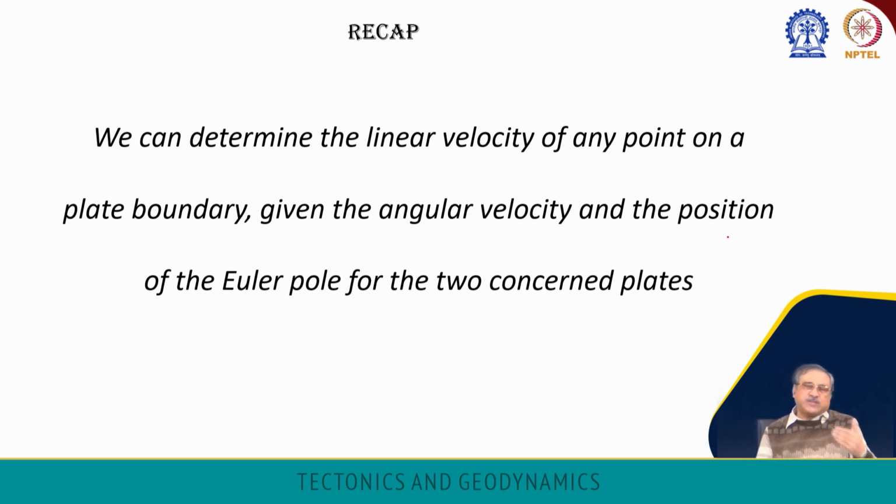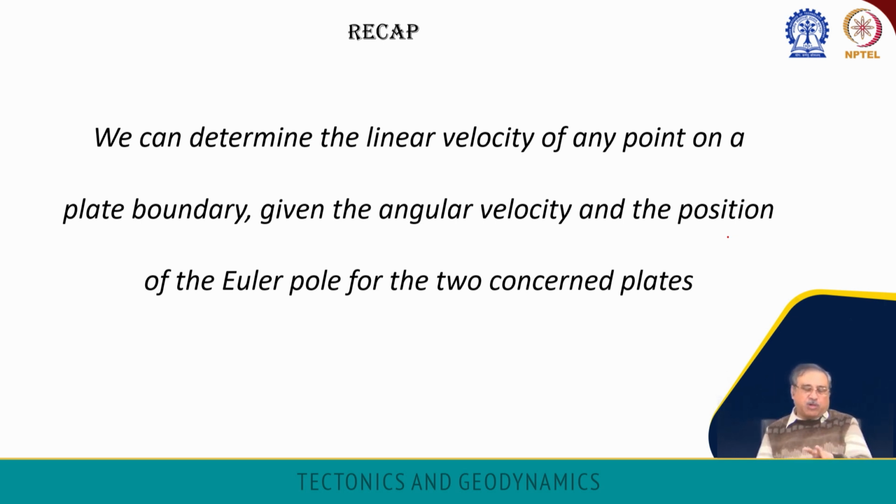Now, once the position of the Euler pole of rotation has been found out, knowing that, we can always characterize what the linear velocity would be at any particular point on the plate boundary. From that known point, we can back calculate to get the angular velocity that characterizes all movement along that Euler axis of rotation for that pair of plates.